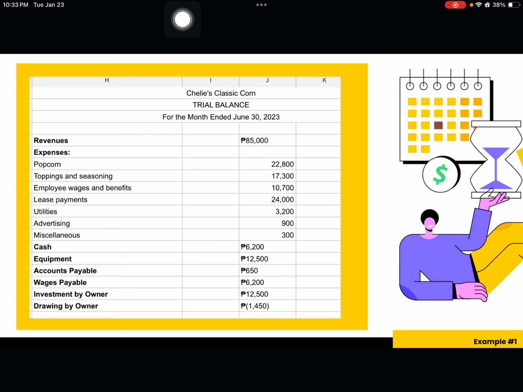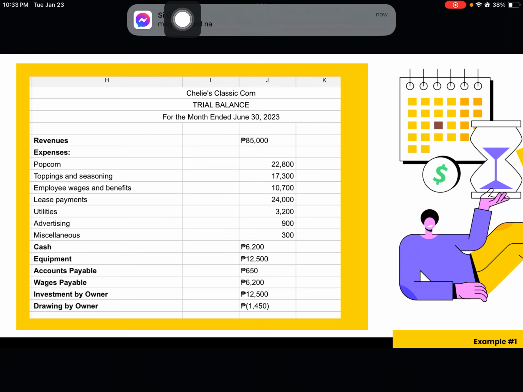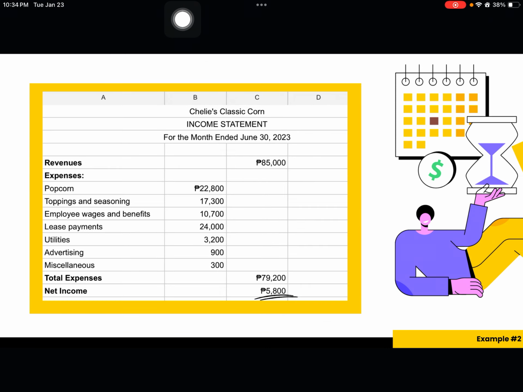The revenue for Shelly's Classic Corn for the month of June is 85,000 pesos. Next, we need to show the total expenses for Shelly's Classic Corn, because it tracks different types of expenses. We need to add the amounts to calculate the total expenses. If you add it correctly, you get total expenses for the month of June of 79,200 pesos.